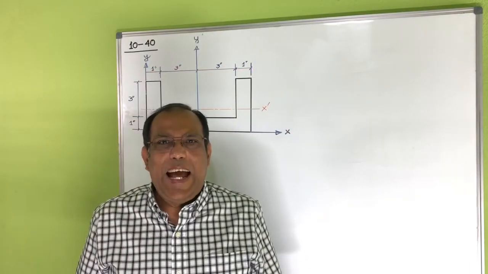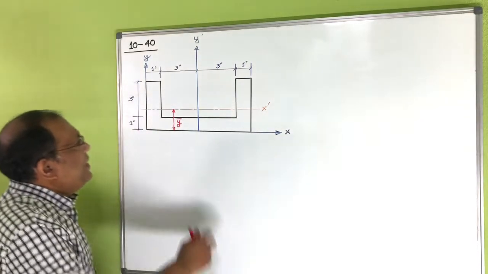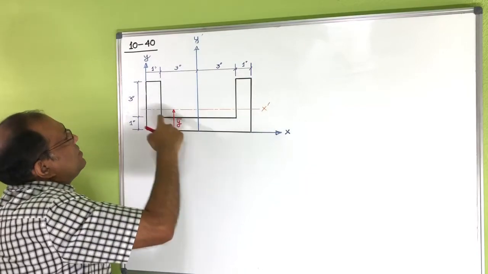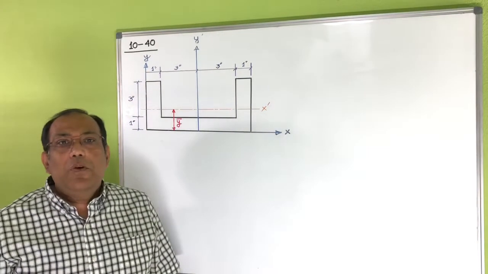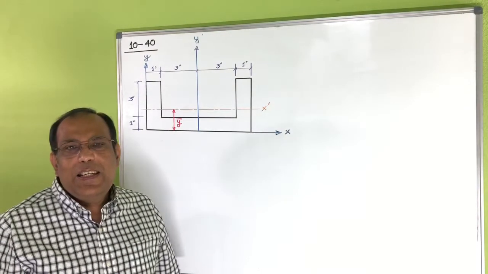Problem number 10-40. Okay, this one is also asking a very similar thing: find out the centroidal axis of this composite area, and then find out your moment of inertia along this x prime axis.